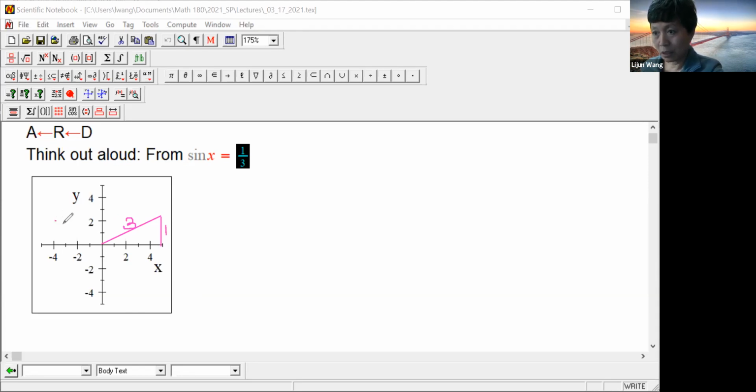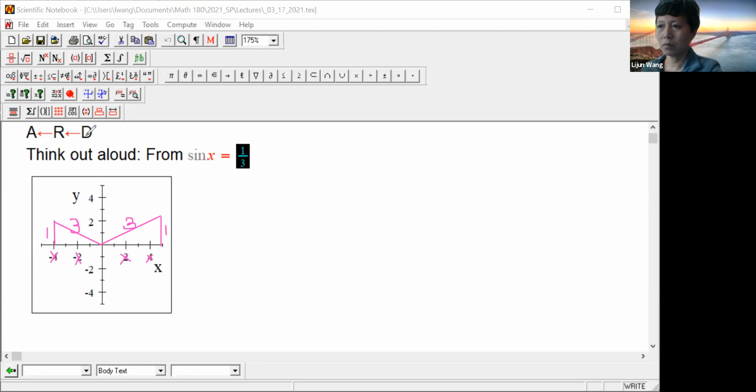And next, it could be the second quadrant. What are we doing here? We are identifying reference angles. Forget about these numbers. Don't worry about these numbers. So that would be 1 or 3.